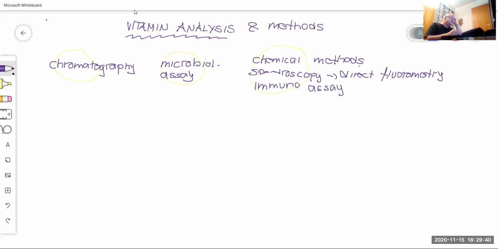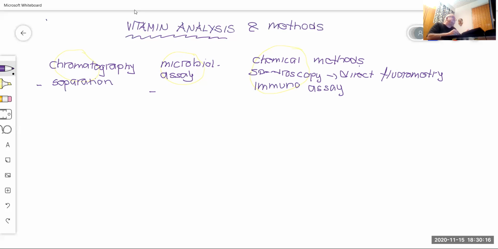So what is the idea here? Let's say chromatography. You are doing the chromatographic separation. In microbiological assay, you're looking for different physiological response of that specific vitamin with a certain organism, is it the microbes, or is it a mammal, or is it a cell culture or something?